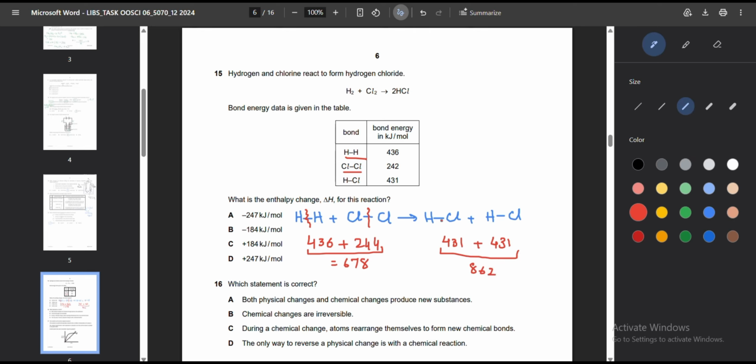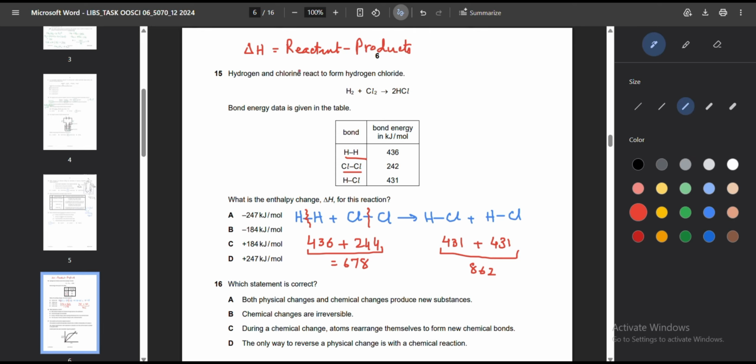Alright, so what is the formula to calculate delta H for this reaction? Delta H, the enthalpy change, is equal to the sum of the bond energies of the reactants minus the sum of the bond energies of the products.